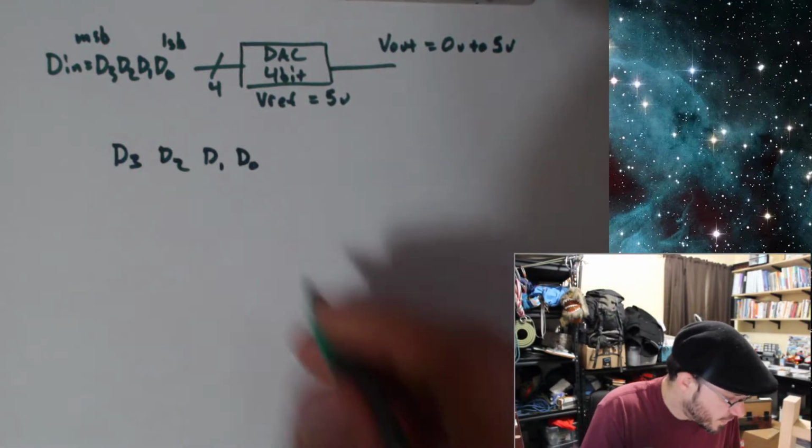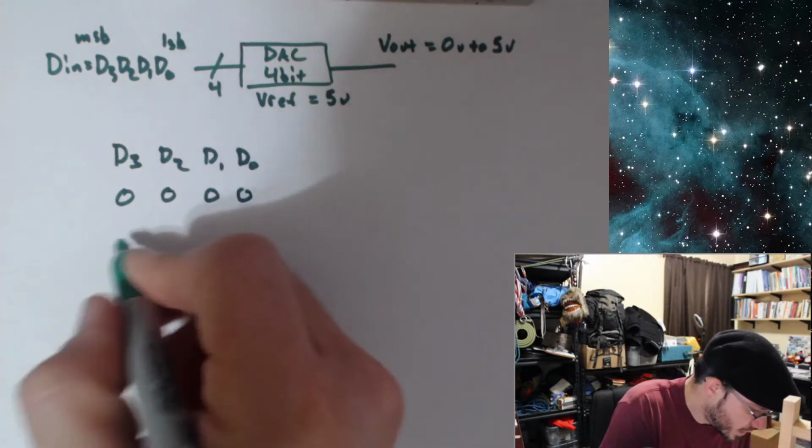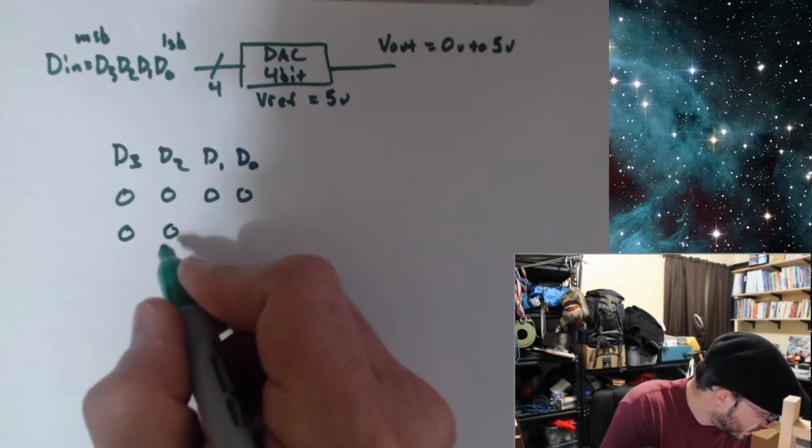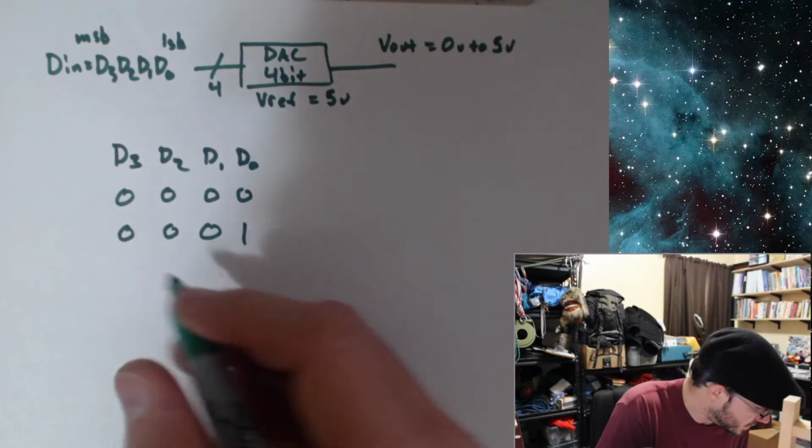And let's give ourselves a few values here. Let's say 0, 0, 0, 0, 0, 0, 0, 1. I'm not going to set up an entire truth table for this.